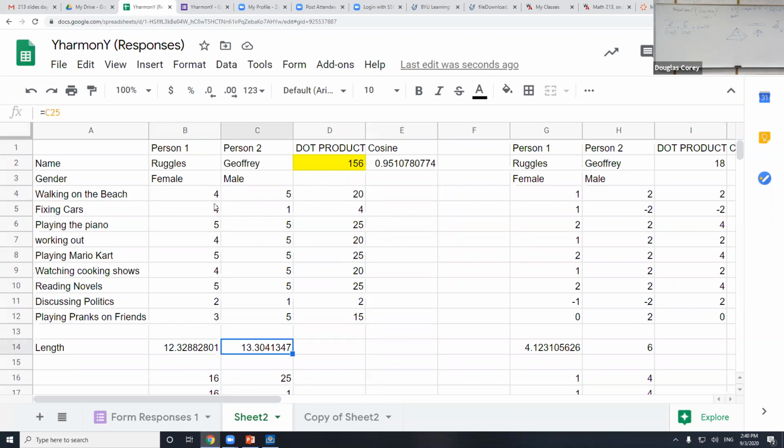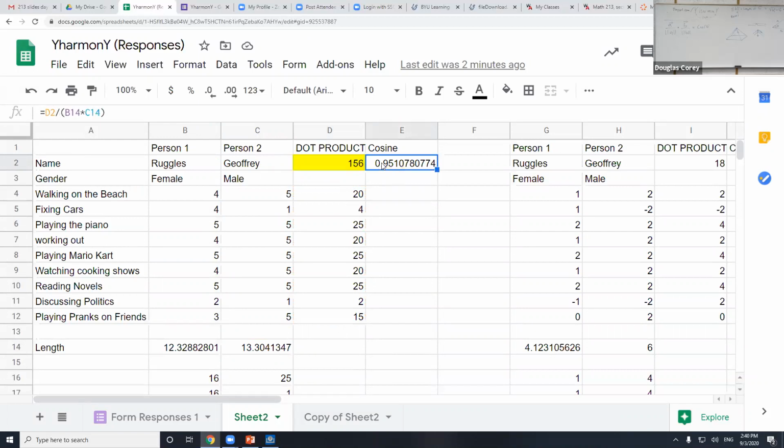So the dot product of those two is I just multiply 4 times 5, and I get 20. Right? Multiply 4 times 1, I get 4. 5 times 5, get 25. Then I have to add up all of those. This is the sum of all of those. Okay? So it seems large and positive. But large and positive is not really standardized because depending on the length of the vector, you could get a larger number, even though the angle might not be as close.